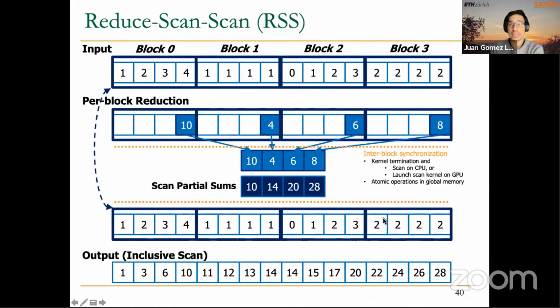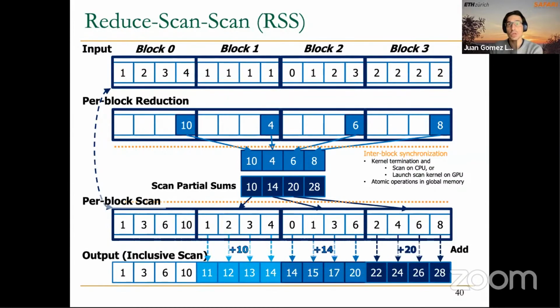And in the third step, we read the whole input again; observe that now we are not loading the array of per block scans. We now perform the per block scan, and at the same time we propagate these offsets to the corresponding blocks and perform the addition to obtain the final output array.